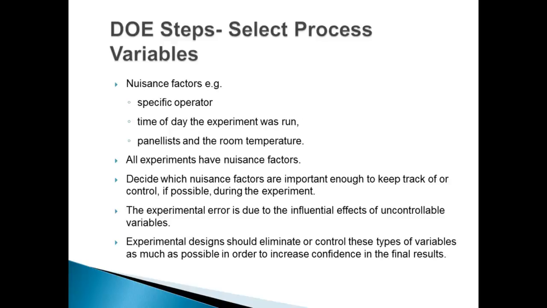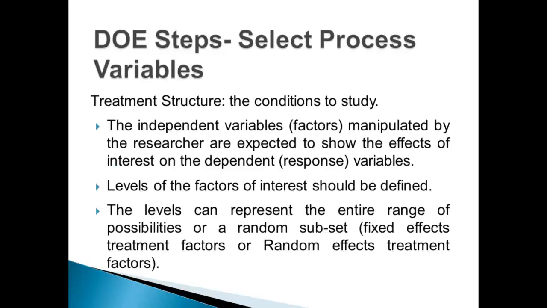The experimental error is due to the influential effects of uncontrollable variables. Experimental design should eliminate or control these types of variables as much as possible in order to increase confidence in the final results.